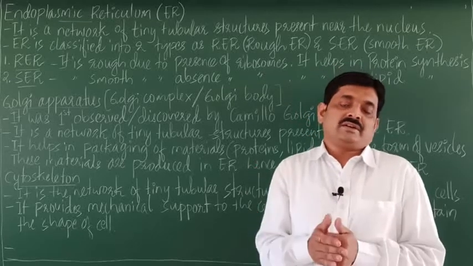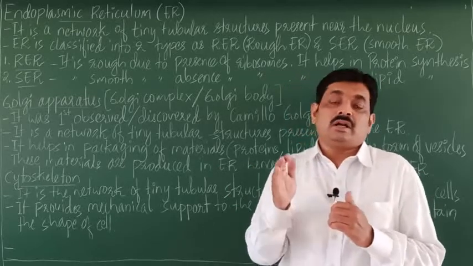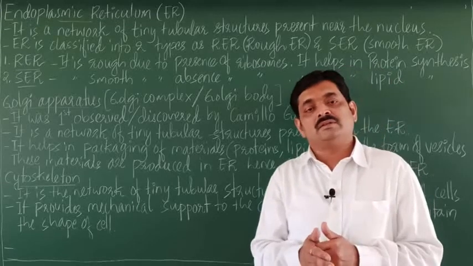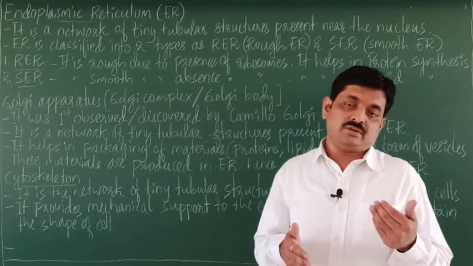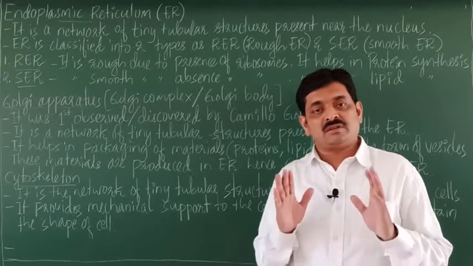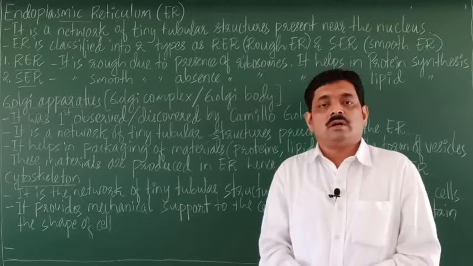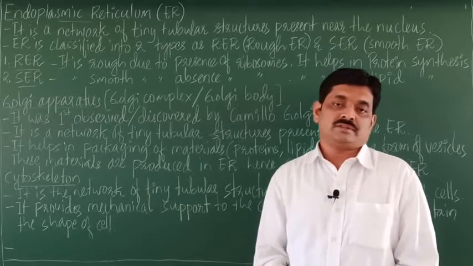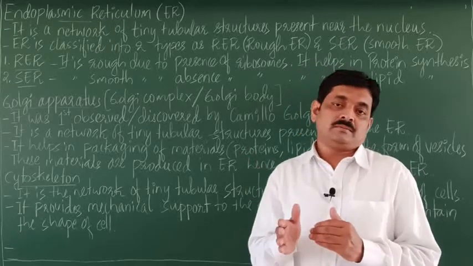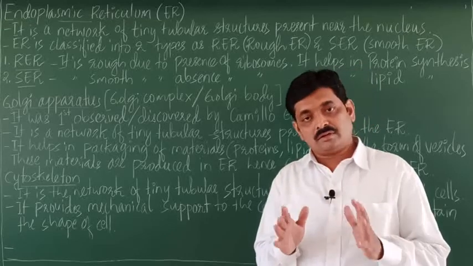So endoplasmic reticulum is attached to the nuclear membrane. Now what is this nuclear membrane? Nuclear membrane is the membrane of nucleus, or the outer covering of nucleus. So endoplasmic reticulum is attached to the nuclear membrane.